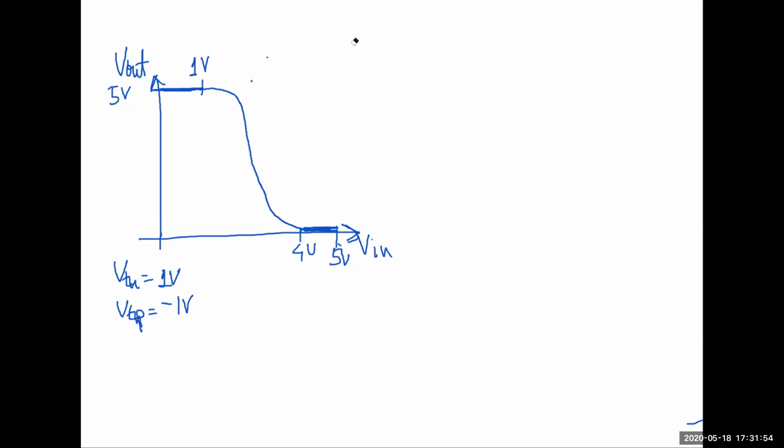Let's say your mu n is equal to 2 times mu p and your Wp is 2 times Wn, then obviously this will just pass through VDD by 2, right? And the noise margin low and high will be pretty symmetric.